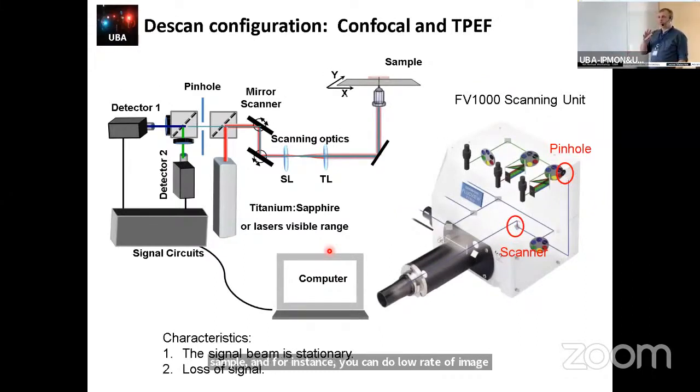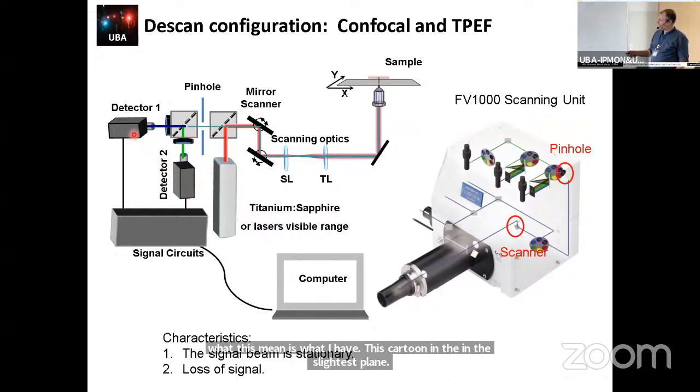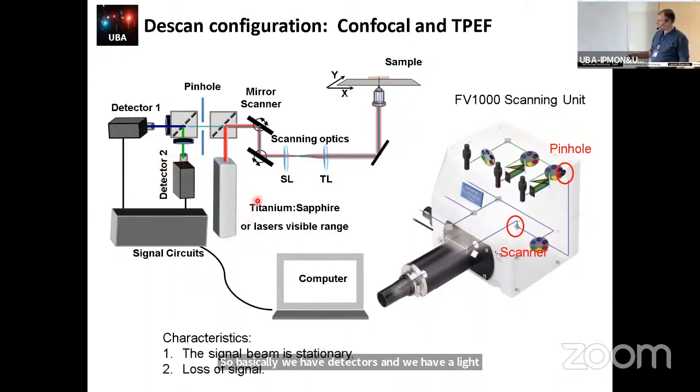So the two configurations that we usually have in the confocal microscope can be descanned and non-descanned. And what this means is what I have in this cartoon in the slide to explain. So basically, we have detectors and we have a light, which can be two-photon or single photon. And usually what we do is we have some optics, like a dichromatic mirror here that can split excitation and emission.